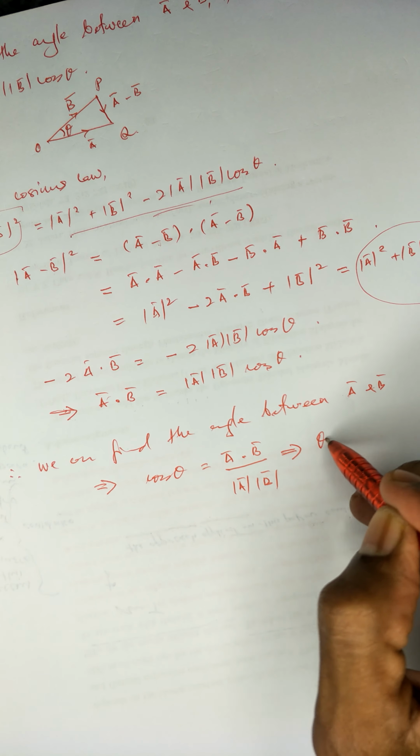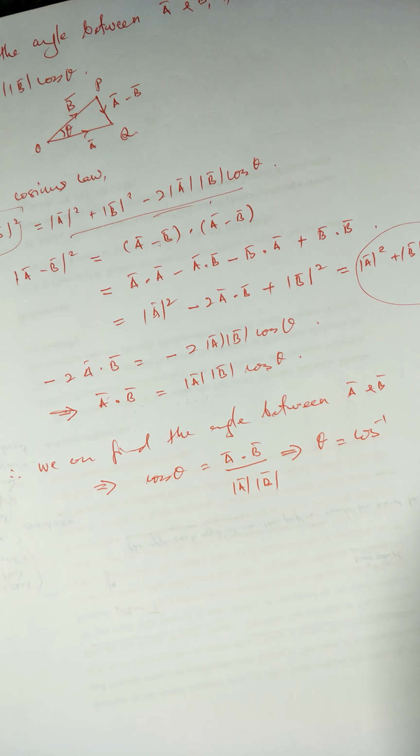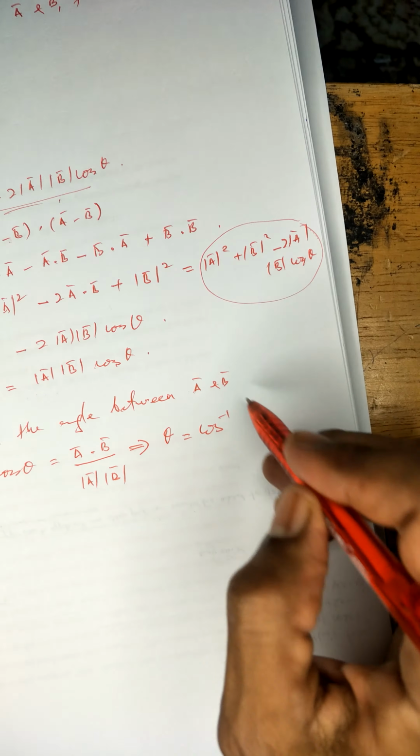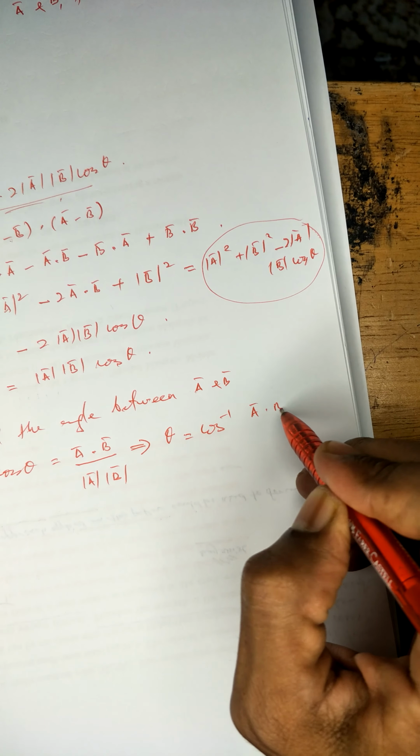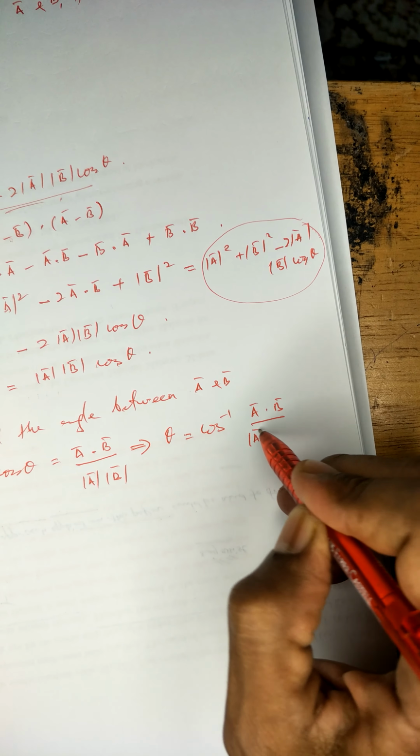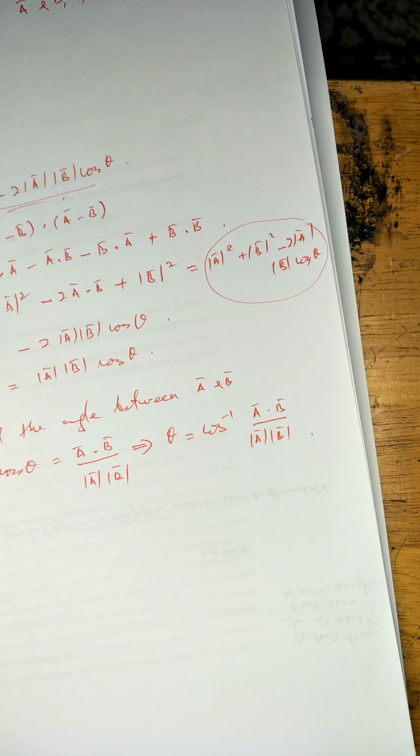Of course, here theta is inverse cos of a dot b over magnitude of a times magnitude of b.